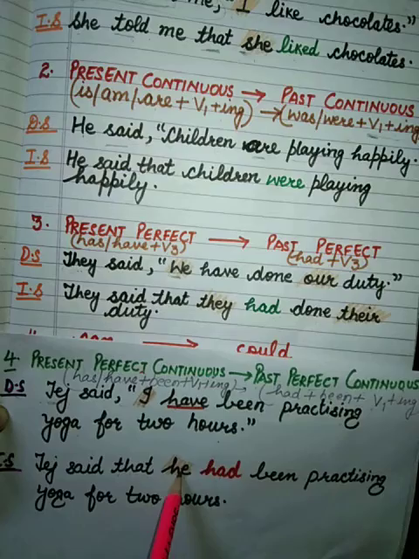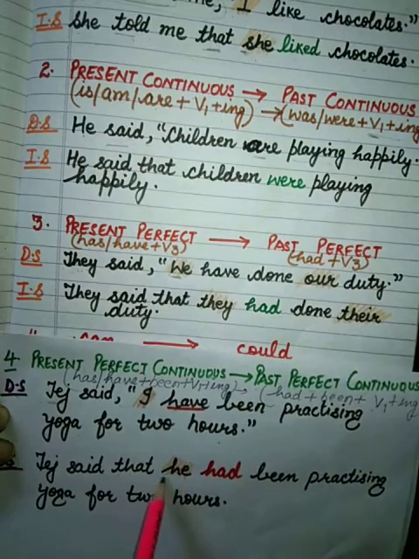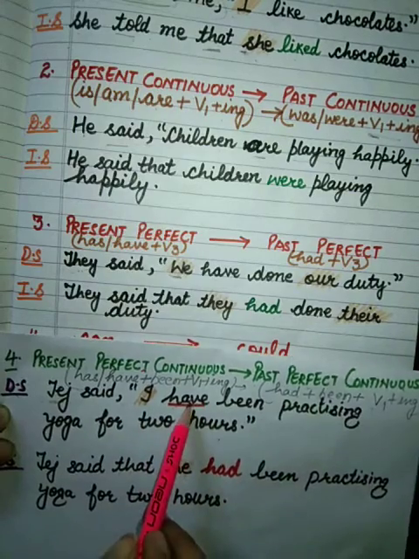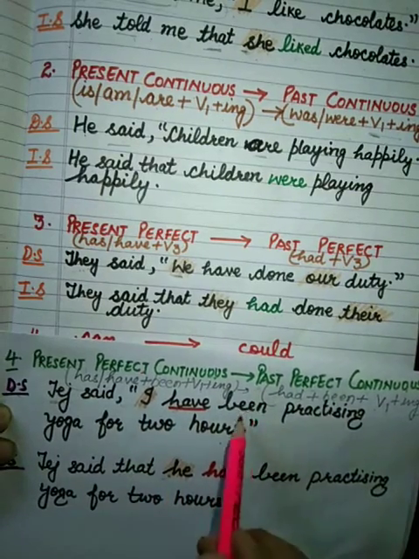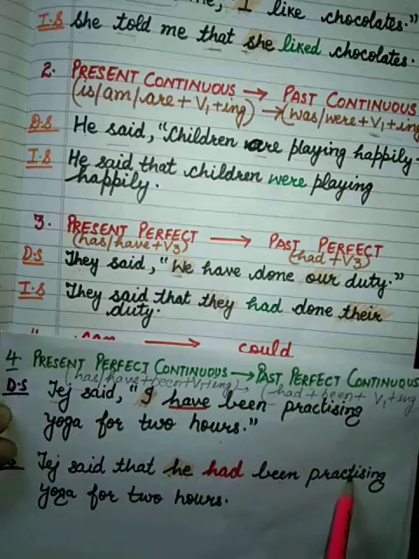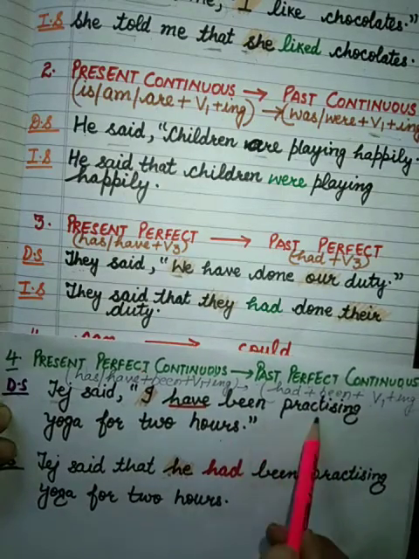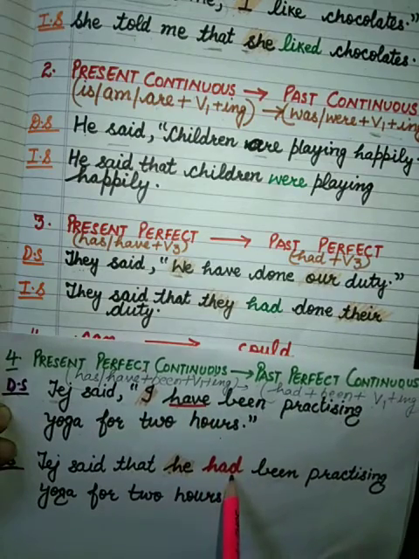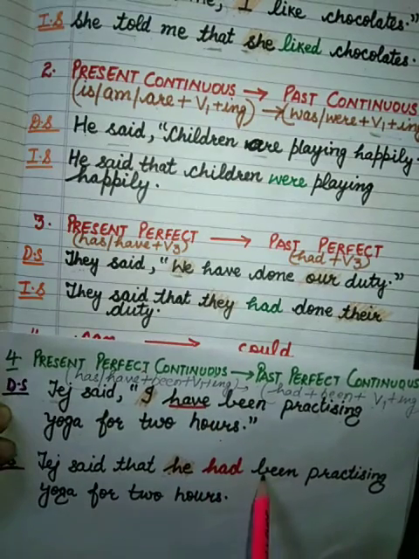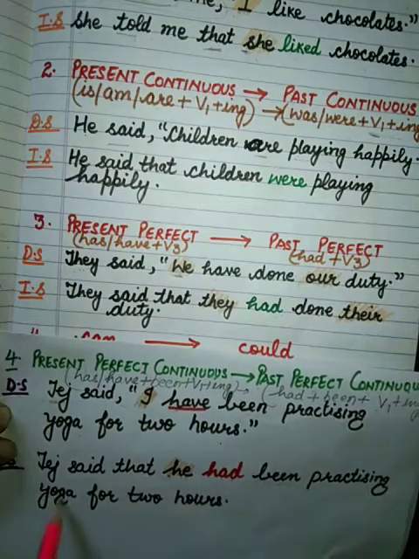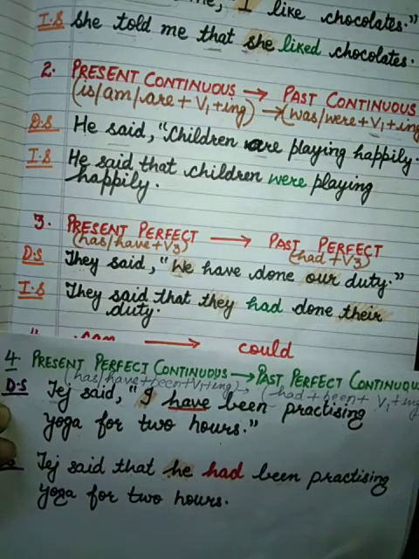Tej is a boy, so we'll use he, and h will remain small letter. Okay, he have will change into had because been practicing is already there in the direct speech also. So we need to change only have to had. So it becomes past perfect. Had been practicing yoga for 2 hours.